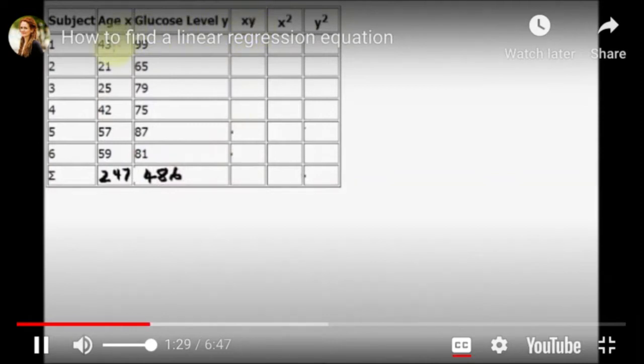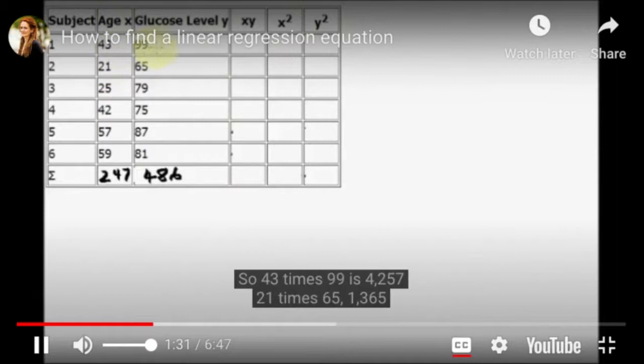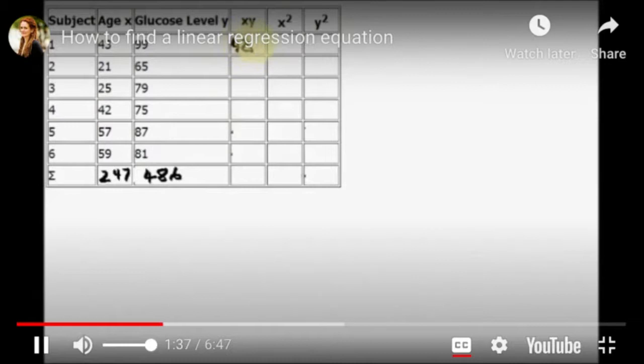We're going to fill in the XY column. We're just going to multiply X and Y. So 43 times 99 is 4,257. 21 times 65, 1365.